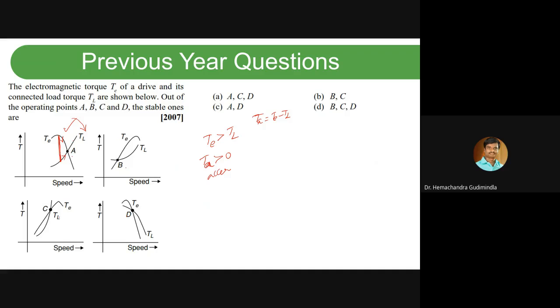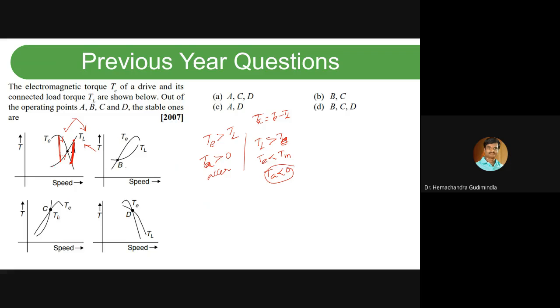If you want to check once again, take one more point over here. At this point, TL is greater than Tm, or we can say Te. Te is less than Tm, so Ta is less than 0, so it will decelerate. Decelerate means opposite direction.